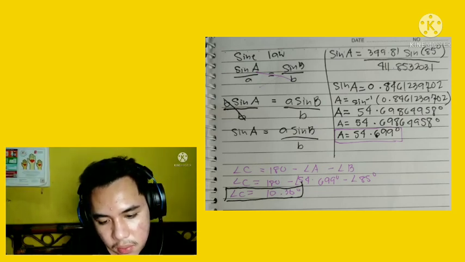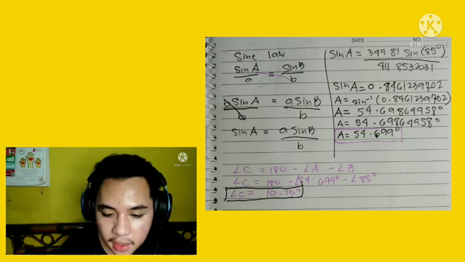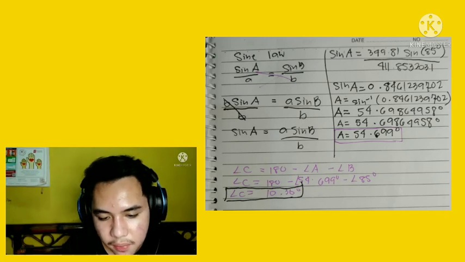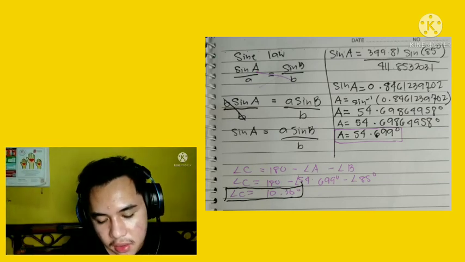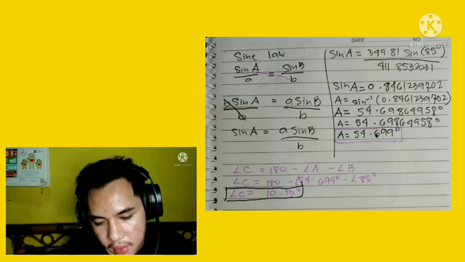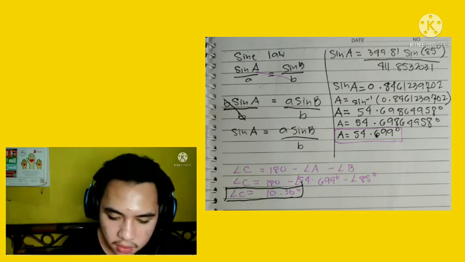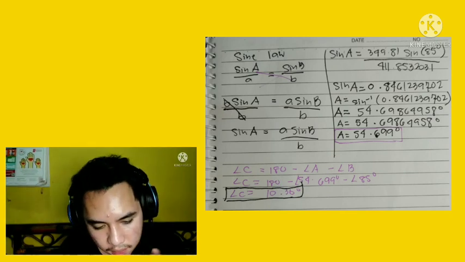Sine a is equal to 0.8461239702. And to solve this, we use the inverse of sine. So we have a is equal to inverse of sine 0.8461239702, and we will get a is equal to 54.69864958 degrees, or a is equal to 54.699 degrees. So we have here our angle a.